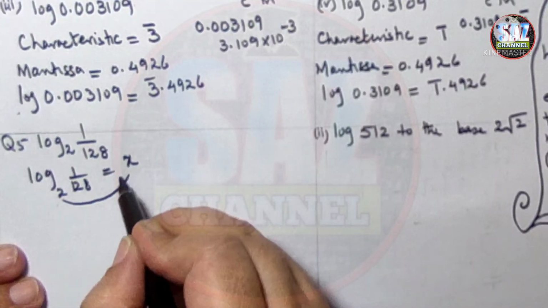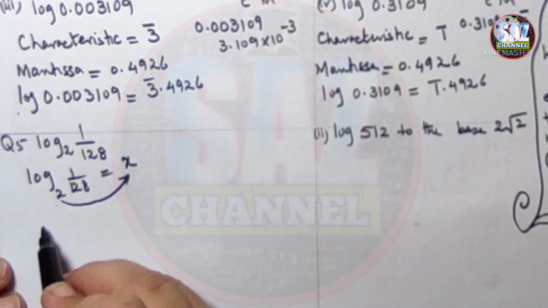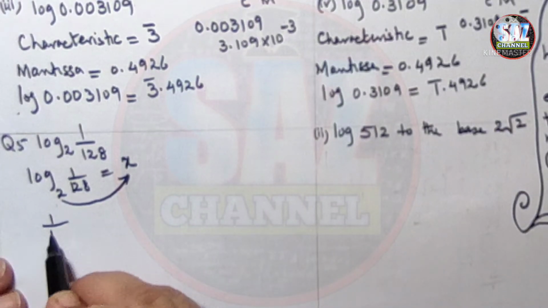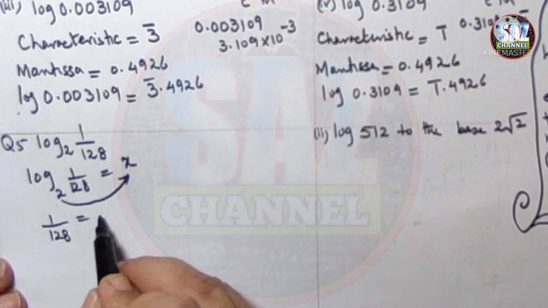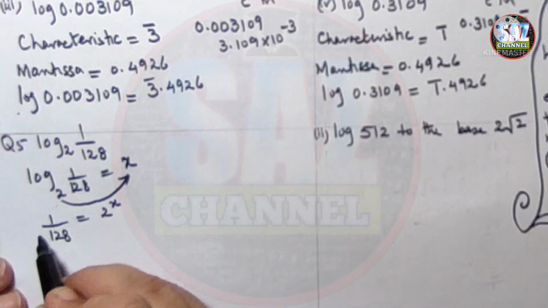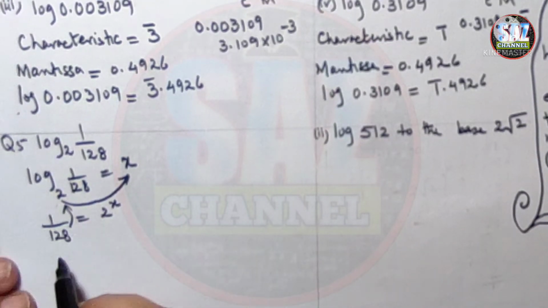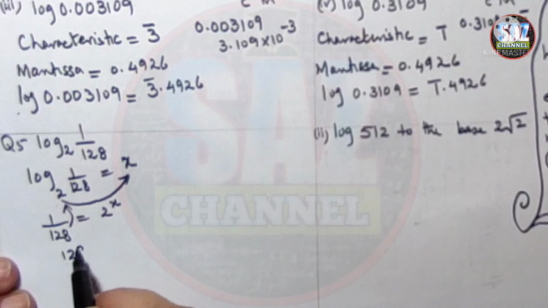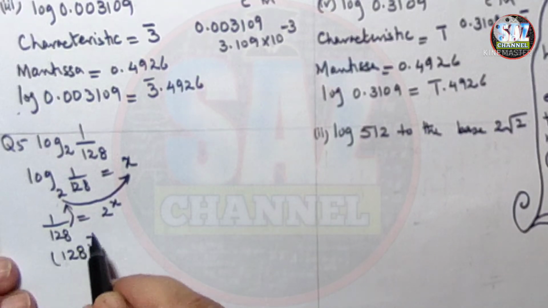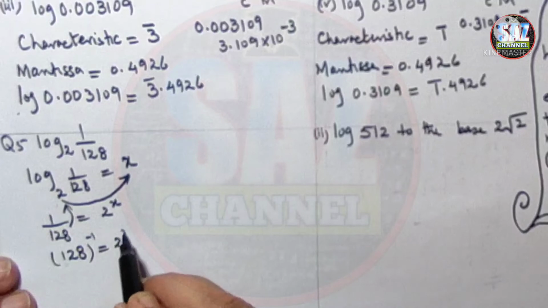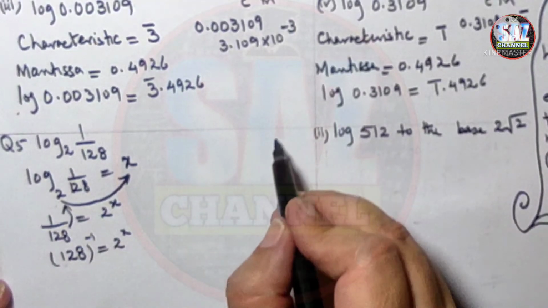We have to turn it into exponential form, and it will take the form 1/128 equals 2 raised to the power of x. Now bring 128 up, and it will have a negative index power. Now we have to make the prime factors of 128.